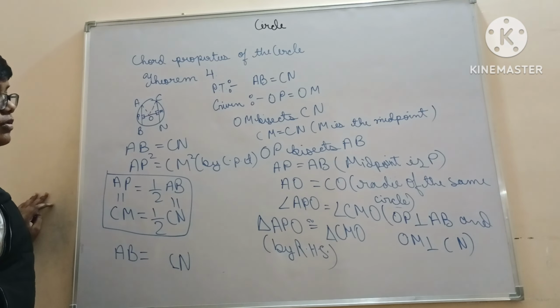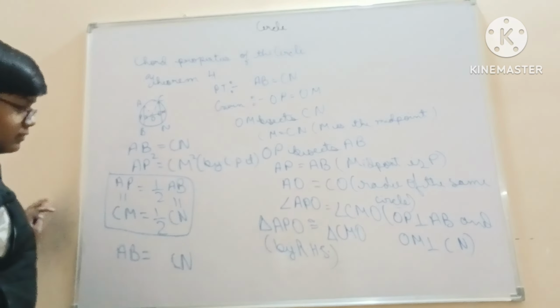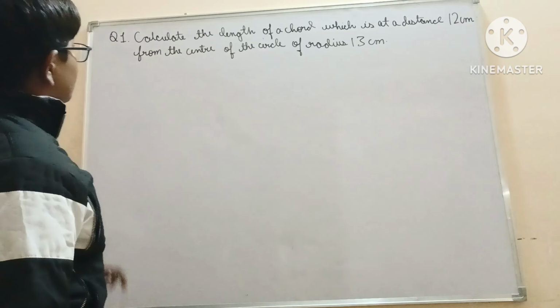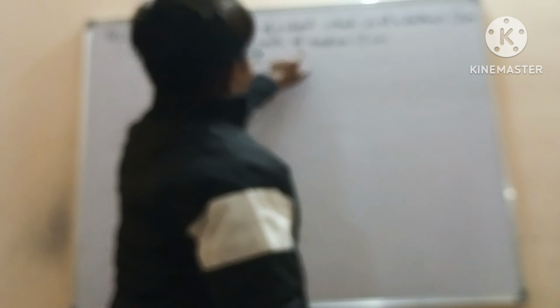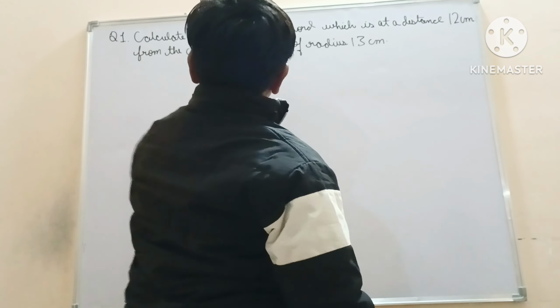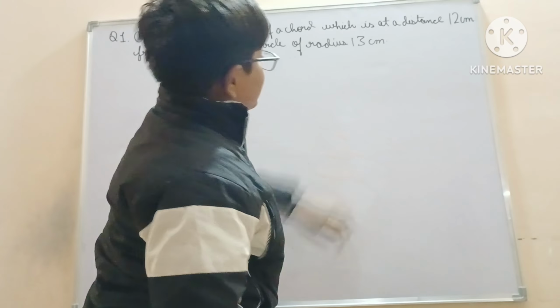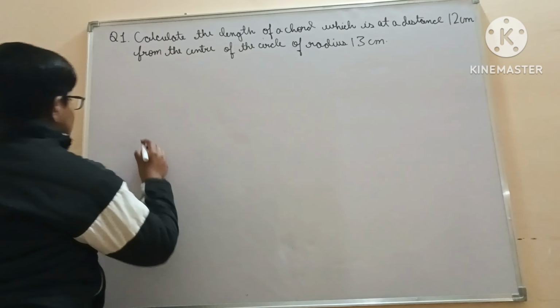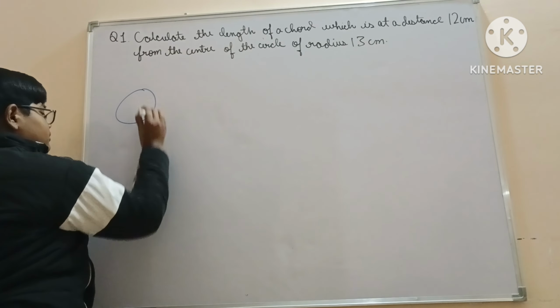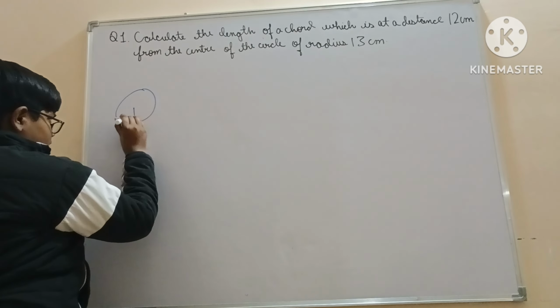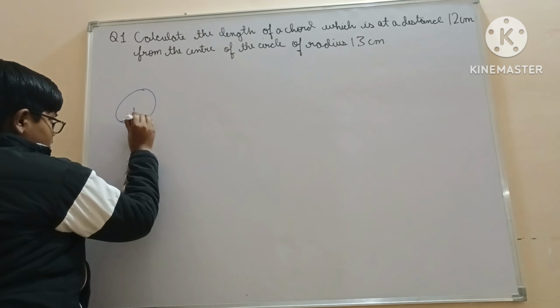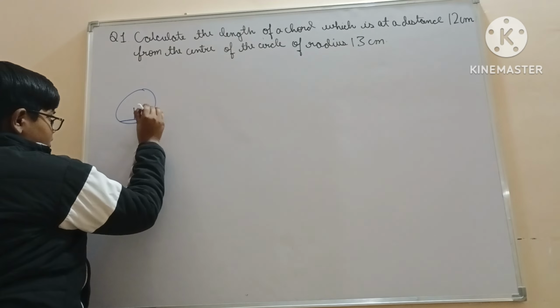Now we are moving to some questions. This is the first question of the circles chapter, which is: calculate the length of a chord which is at a distance of 12 cm from the center of the circle of radius 13 cm. So now we will draw the diagram. This line is 12 cm.